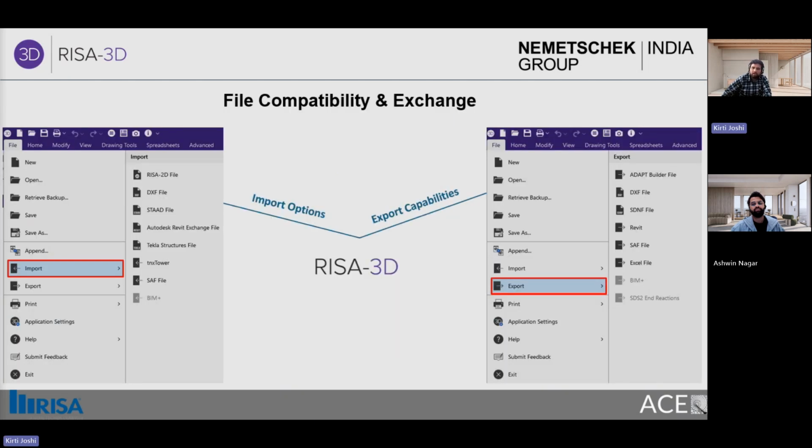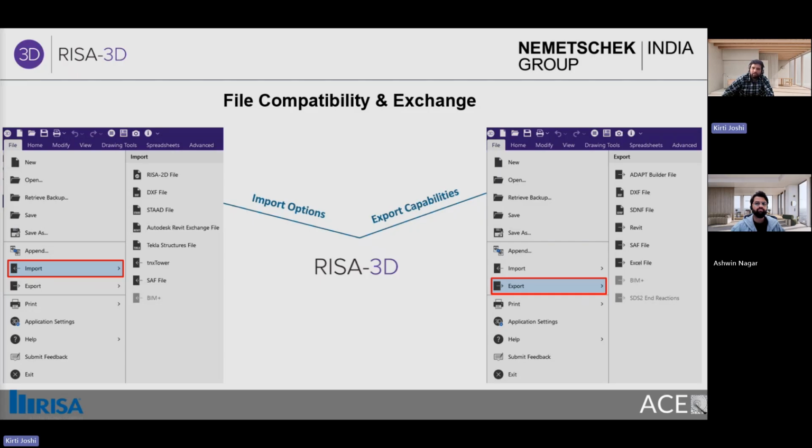So moving forward in the slide, you can see the types of files RISA 3D supports for both import and export. You can open existing 2D files or DXF files, STAAD files, or even Autodesk Revit files, Tekla Structures files, the TNX tower file, and the SAF file.